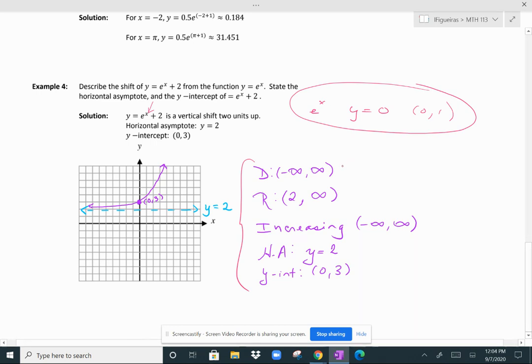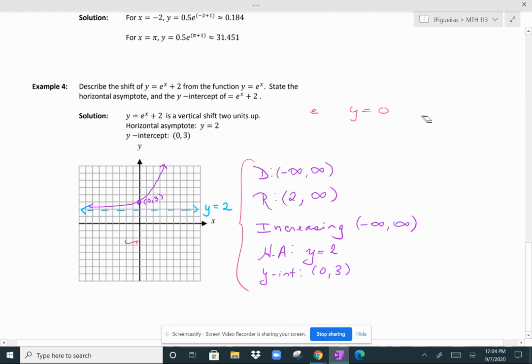My domain is still all real numbers, but because I shifted, my range goes from 2 to infinity, not including 2. Remember, you read your graph from bottom to top. And so the first value of y that e to the x plus 2 is getting close to is 2 as it gets further to the left, but then it increases from there. So that's why it goes from 2 to infinity.